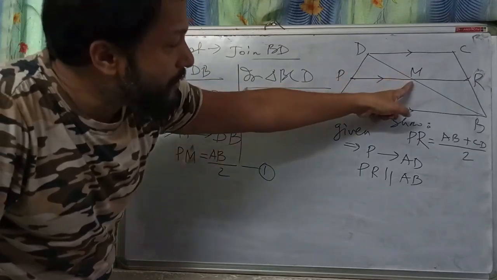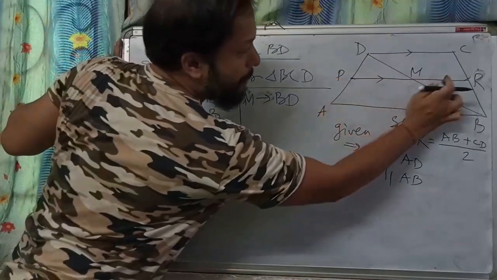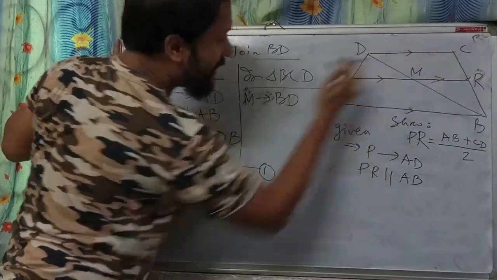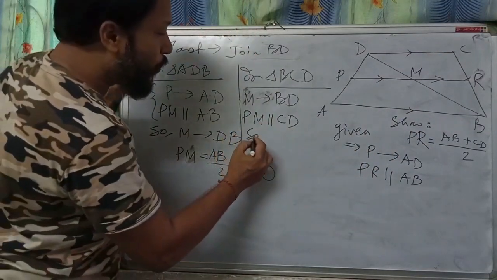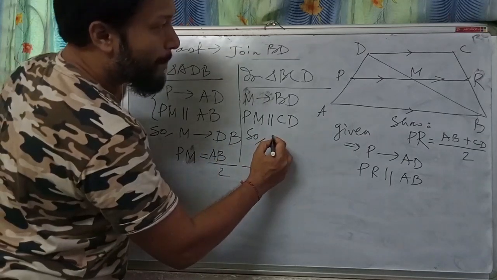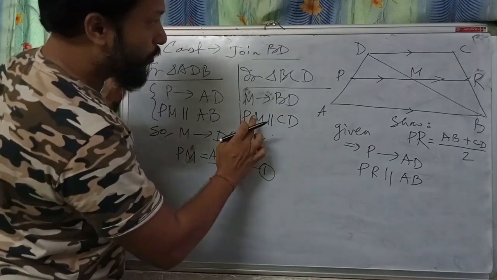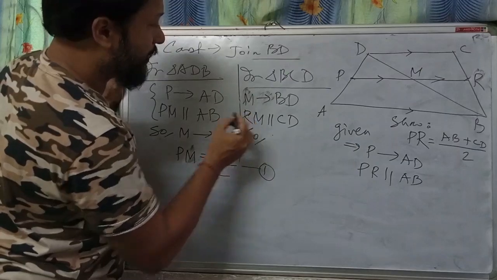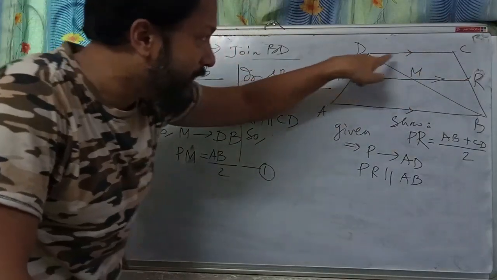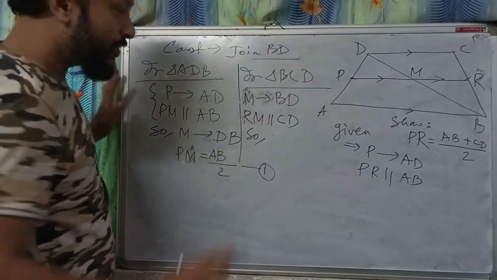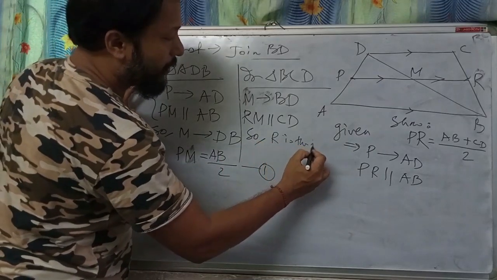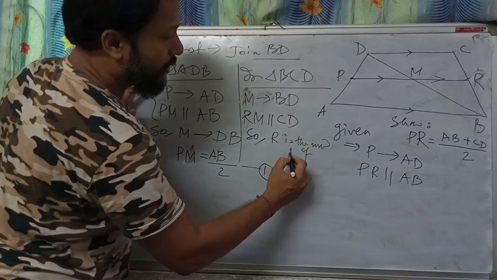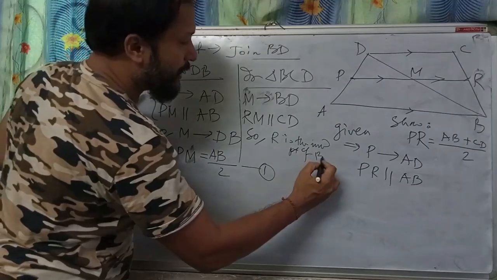If M is the midpoint of BD and this PM is also parallel to CD, so I can write that, no, you will write RM. Yes, this RM is parallel to CD, so I can write that R is the midpoint of BC.